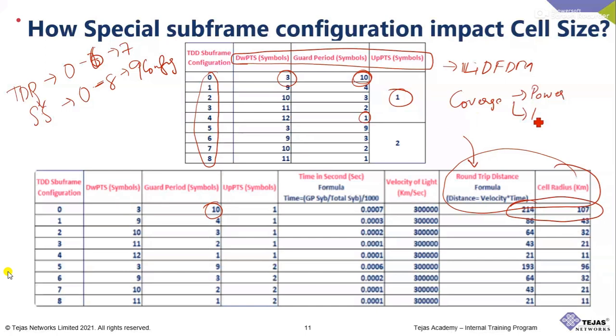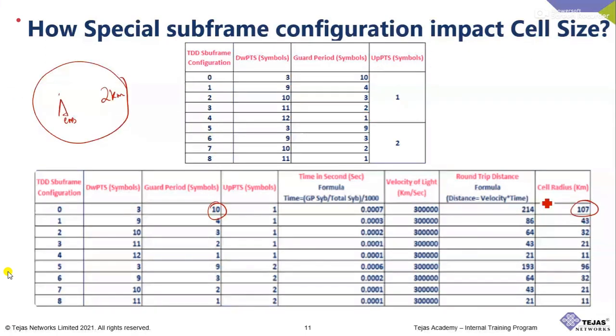See, whenever we say 107 kilometers, don't think that it is a complete 107 kilometers. It is the propagation path. Let's say this particular node will typically, in Geo, cover 2 kilometers. And for simplicity, I'm doing this. What this cell radius or round trip distance is calculating is, let's say it goes like this, comes like this, because of multiple reflections.